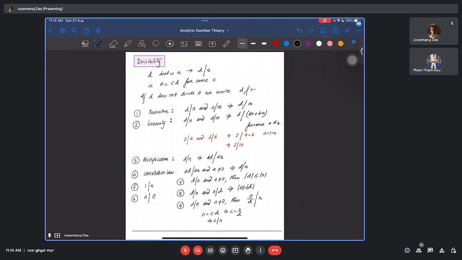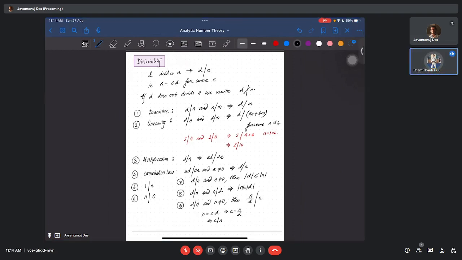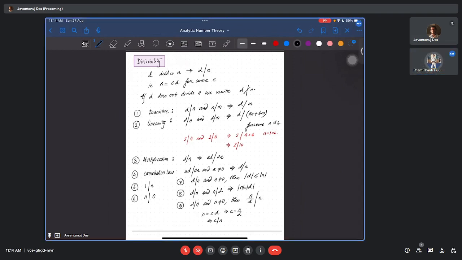We'll come to that later. For example, the remainder. For negative and positive, yes, that is not a problem. So this is the divisibility condition.